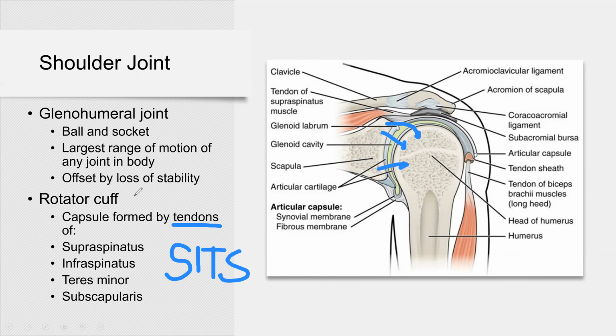That's called the rotator cuff. You can also see other structures here, like the glenoid cavity, articular cartilage, and a bursa. All of these structures are common and found within synovial joints.